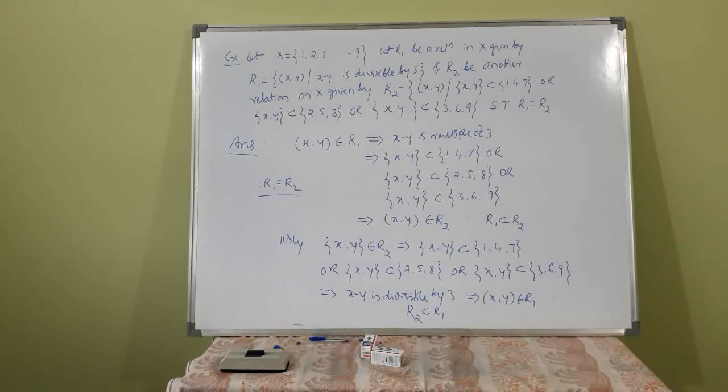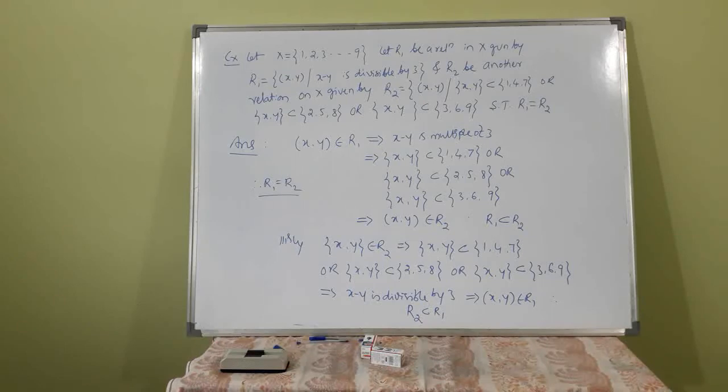That means {x, y} is a subset of {1, 4, 7}: the differences 1 and 4, 4 and 7, or 1 and 7 are all divisible by 3. Or {x, y} is a subset of {2, 5, 8}, or {3, 6, 9}. So if it is a multiple of 3, it should be one among these. That means (x, y) is nothing but in R2.